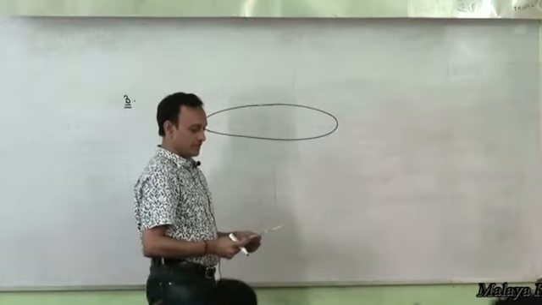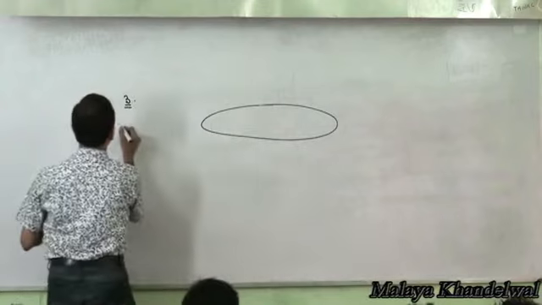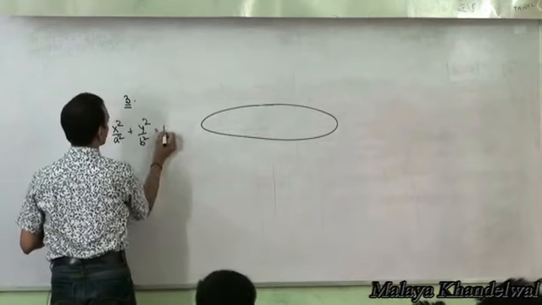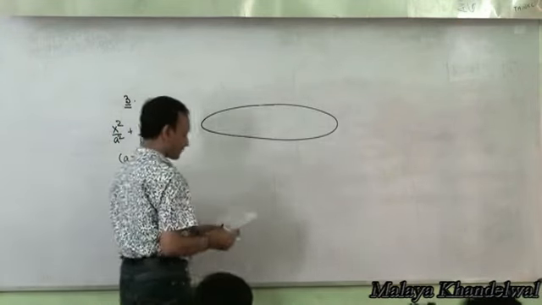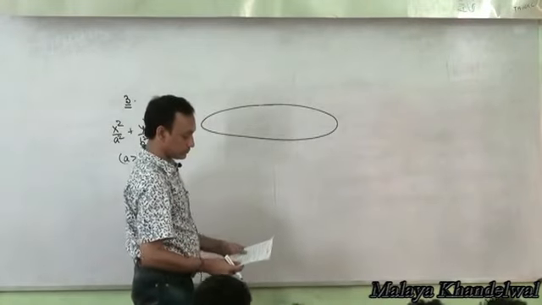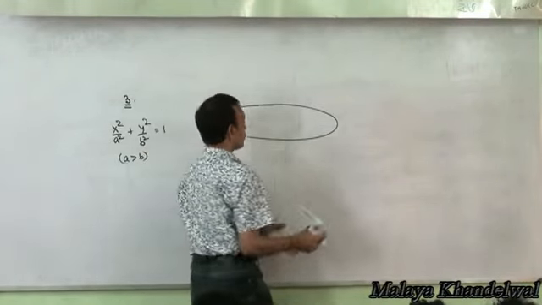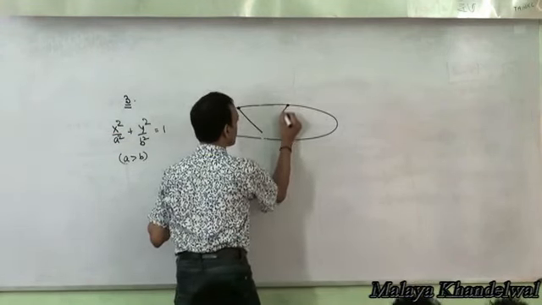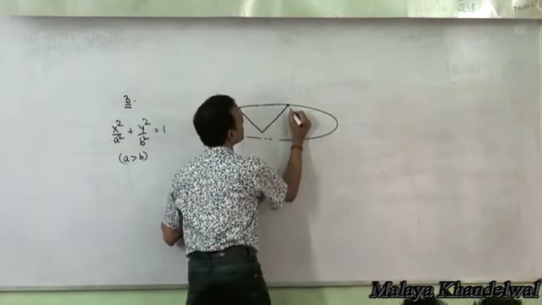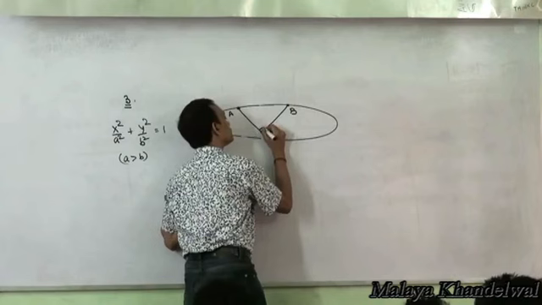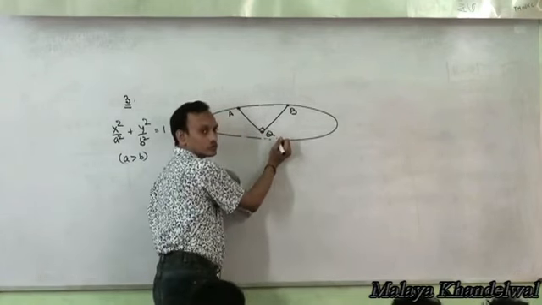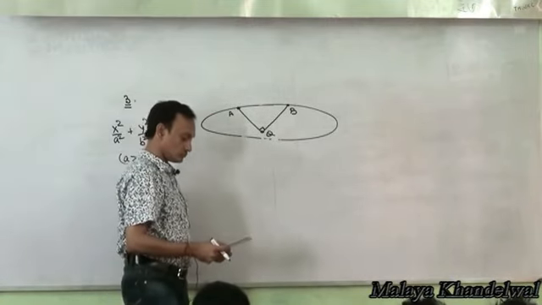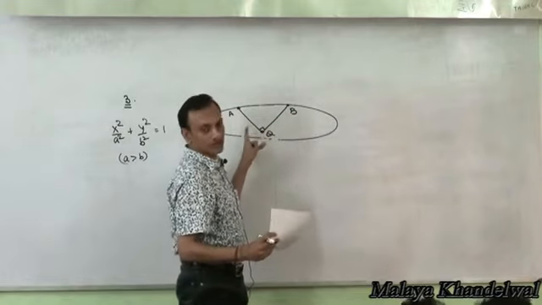Normals at A and B to the ellipse intersect orthogonally at Q. This is the ellipse. Normals at A and B. This is A. This is B. And the normals at A and B intersect orthogonally at Q. Orthogonally means perpendicularly.